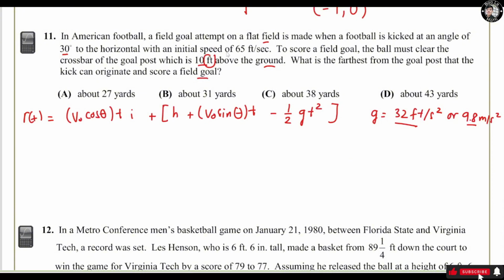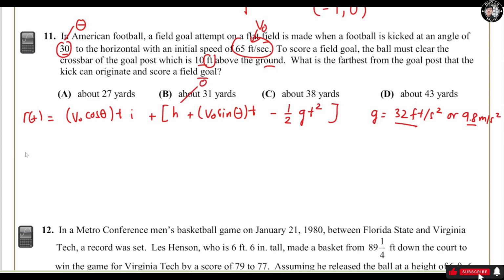Now, initial speed, which means you have v0 right here, right? The angle right here, theta, right? And g equals 32. Now the initial height is 0, right?